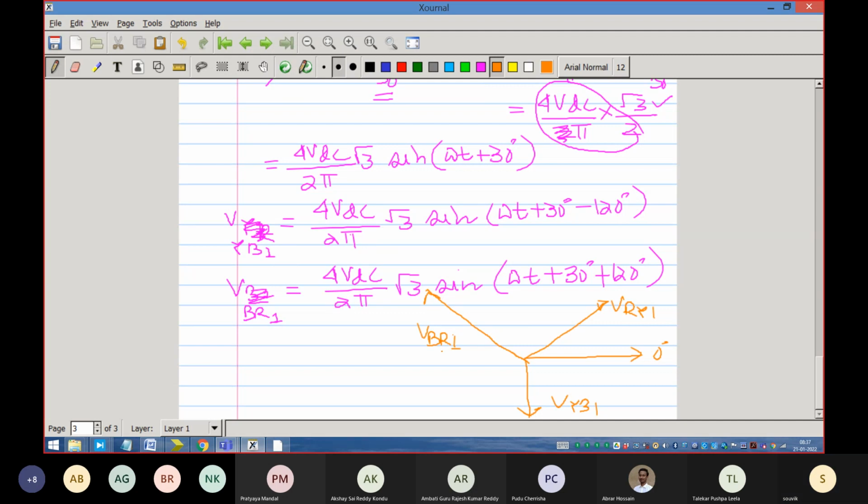So this is the way these three come, but the phase sequence is still RYB because this is minus 120 degree, and this is another minus 120 degree. So the phase sequence is still RYB in the line to line as well, as far as the fundamental is concerned.